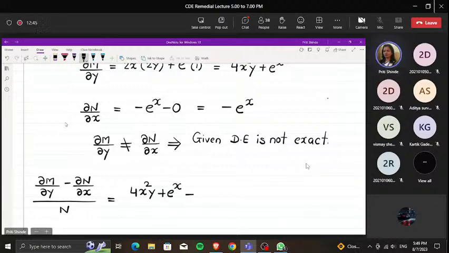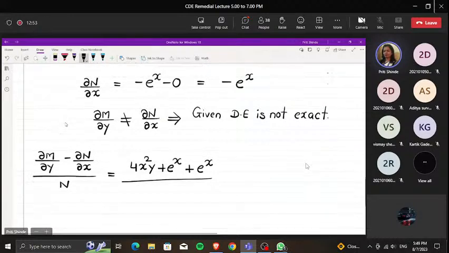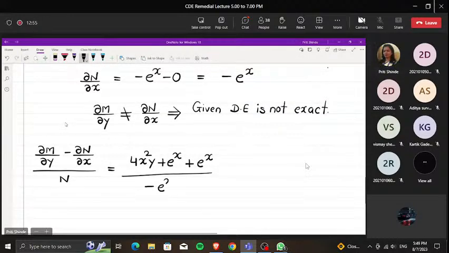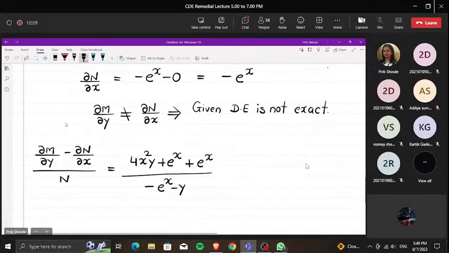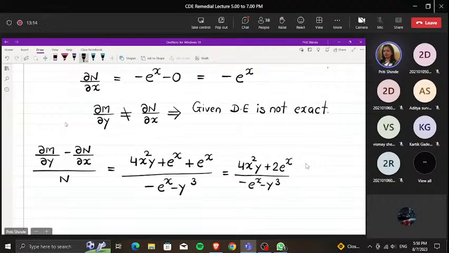Minus del n by del x is minus, so minus minus becomes plus e raised to x, divided by n. So what is n? Minus e raised to x minus y cube. Okay, so you can simplify this as 4x square y plus 2 e raised to x divided by minus e raised to x minus y cube.